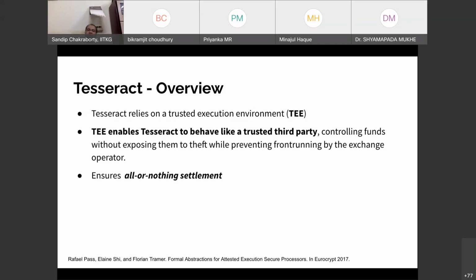So what does the trusted execution environment provide? They provide a hardware component within your CPU that actually does the computation in a secure way. So that basically means you are providing the security by means of hardware. The hardware is actually going to provide you the security.